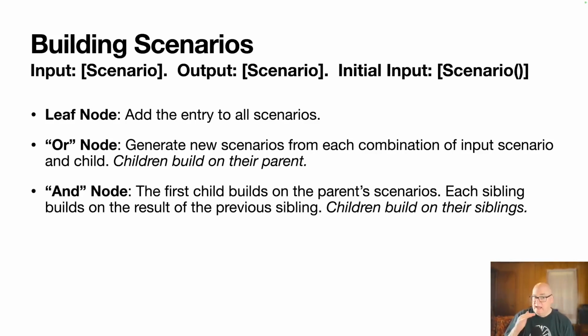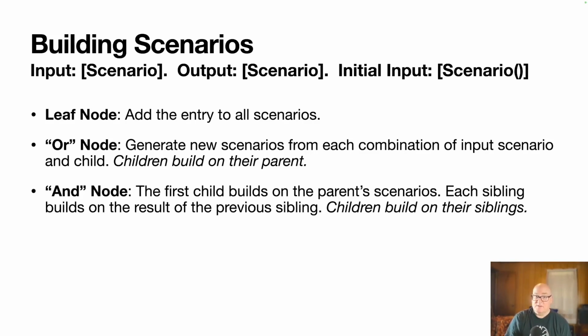And then the AND nodes, these are the ones that say you must have this and this and that. In our case, there was an implicit AND node that said we had an expense stream and Social Security 1 and Social Security 2. The difference there is the first child takes the parent scenarios, but each sibling builds on the result of the previous one. So children build on their siblings.